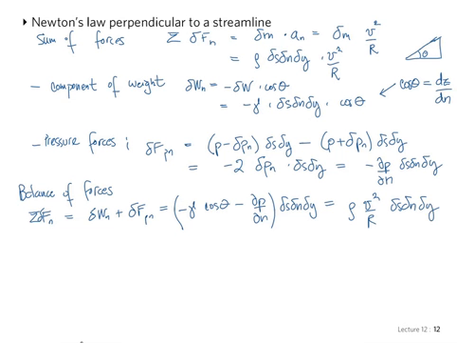The volume cancels out again. So the equation per unit volume now, and also substituting the expression for the cosine, is minus gamma dz dn minus dP dn equals rho v squared over r. That is our equation for unit volumes.